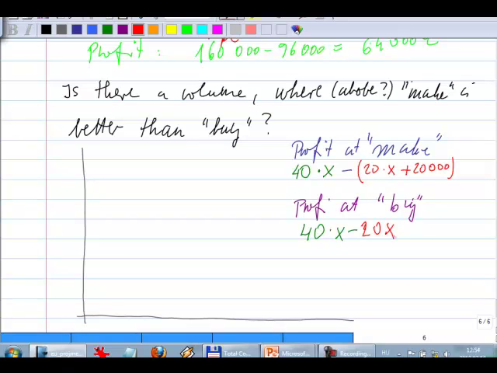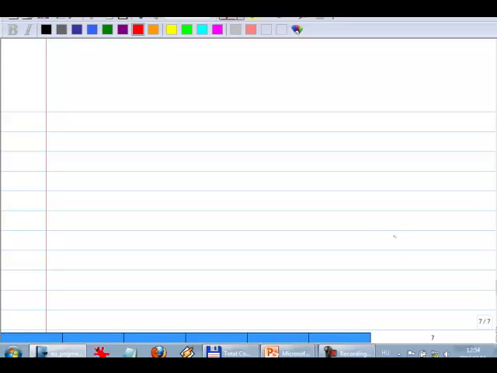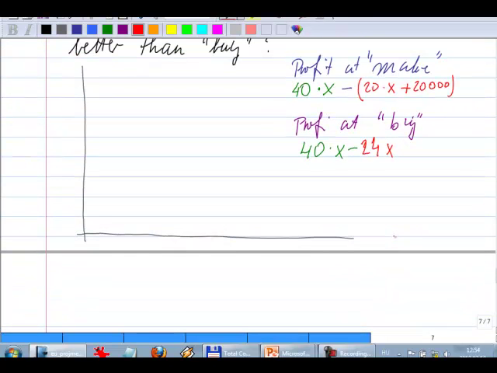And what is the question? What is the point where profit at make is greater than profit at buy? So what are we going to do?